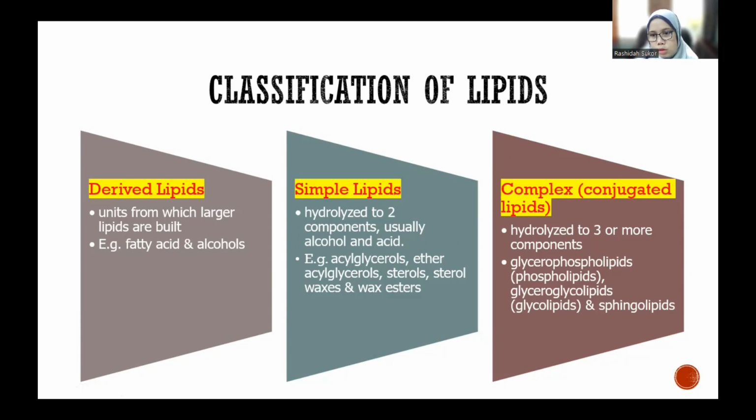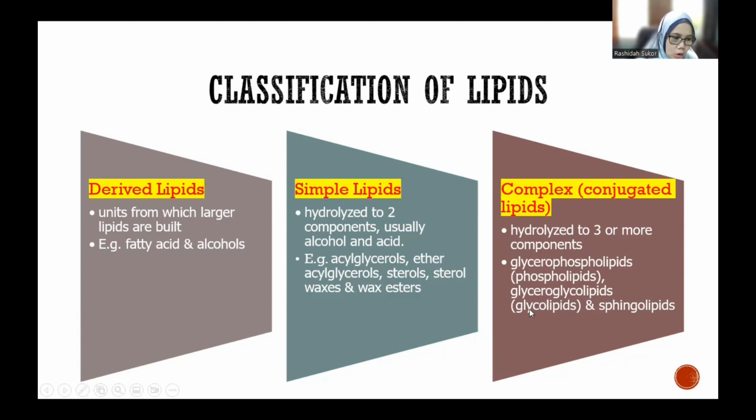And then we also have conjugated lipids, which hydrolyze to three or more components, so they break down into three or more components. For example, phospholipid, which has a phosphate group combined together with lipid. They also have glyceroglycolipids, or we call them glycolipids.